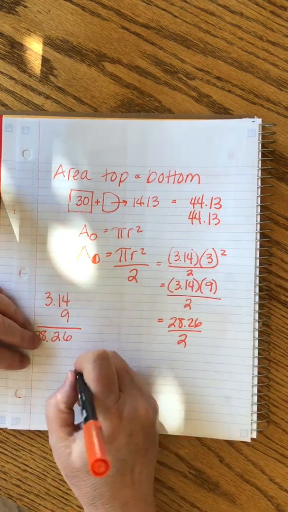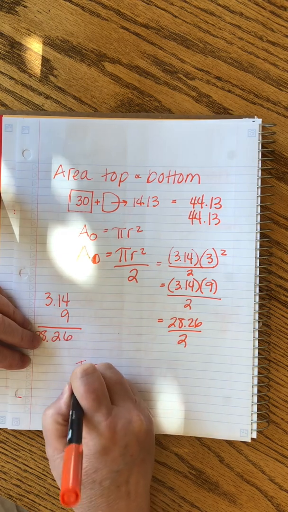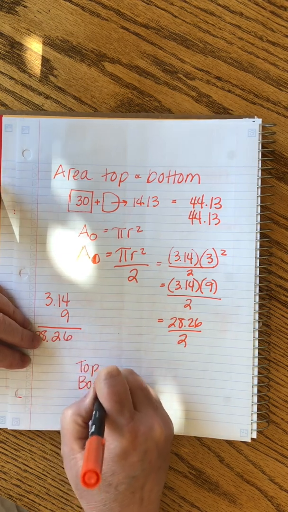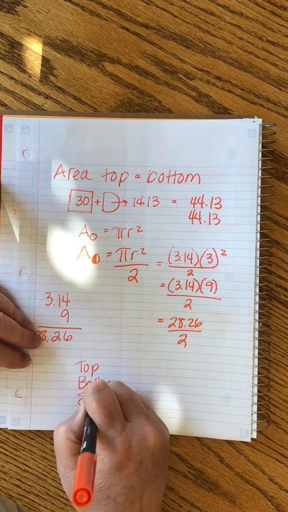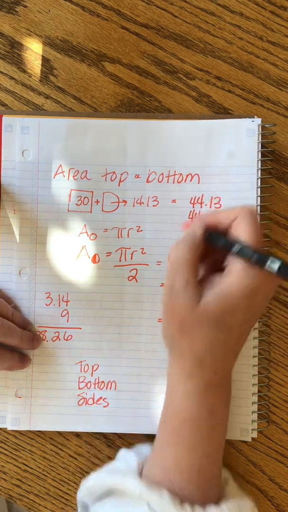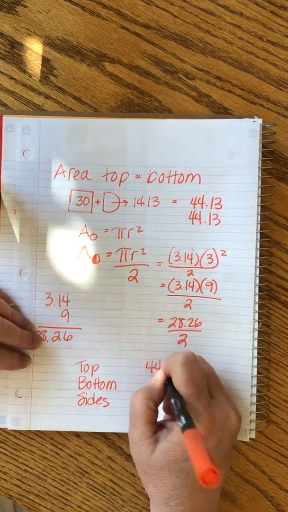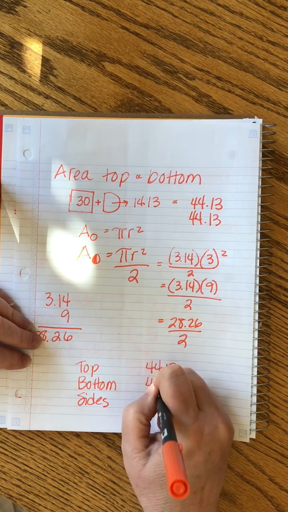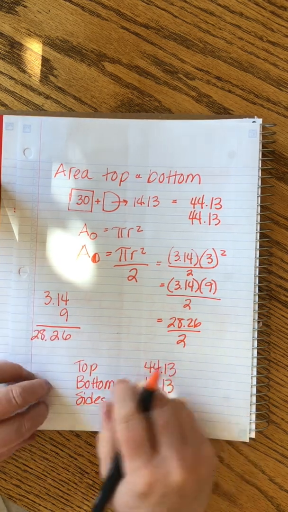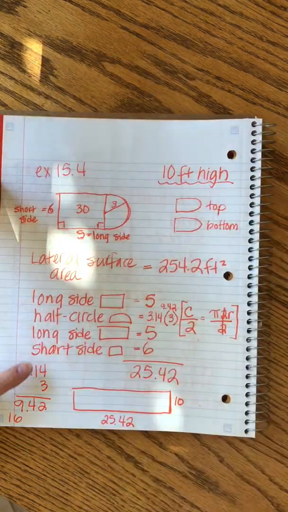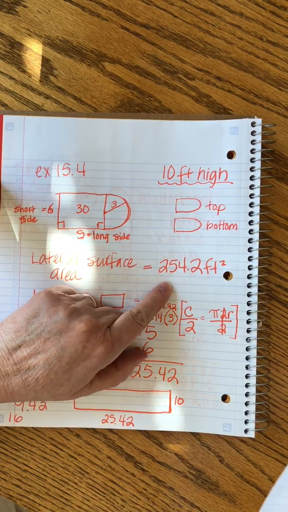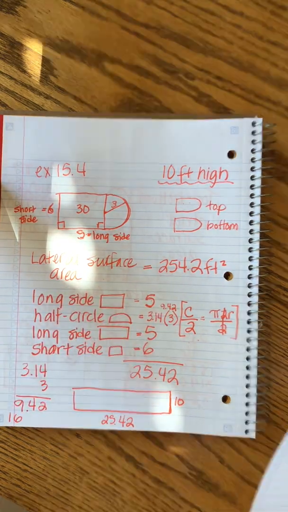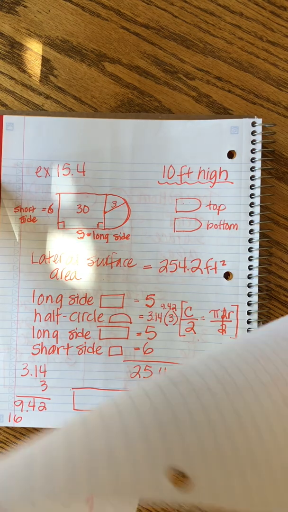So we take top, bottom, sides. This is our final calculation. 44.13, 44.13. Top and the bottom are the same. Lateral surface area, 254.2.